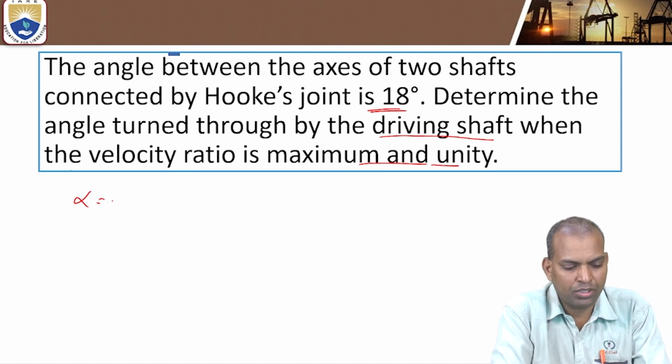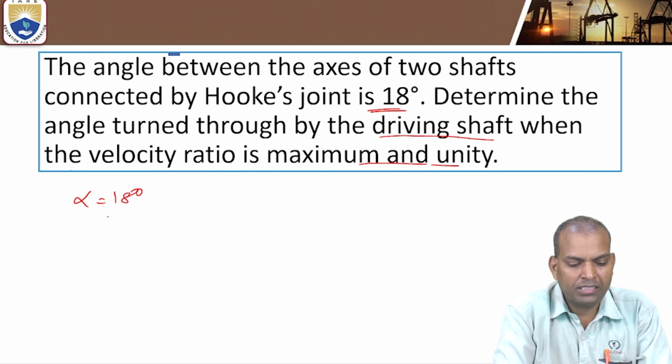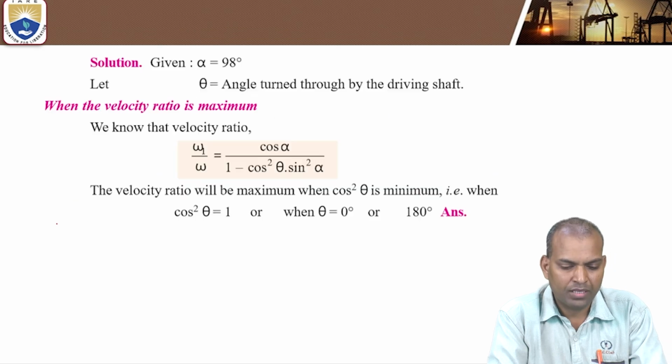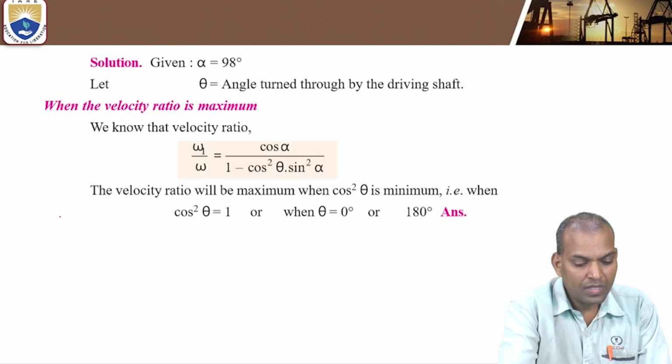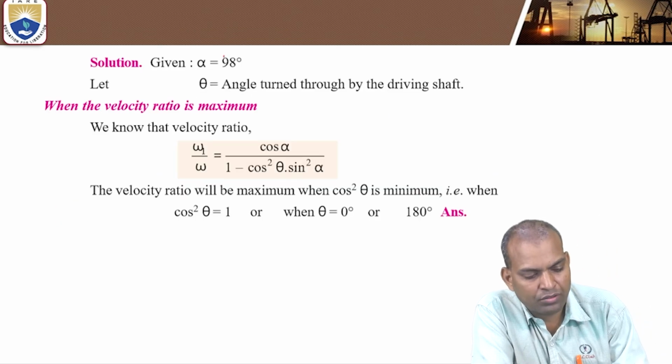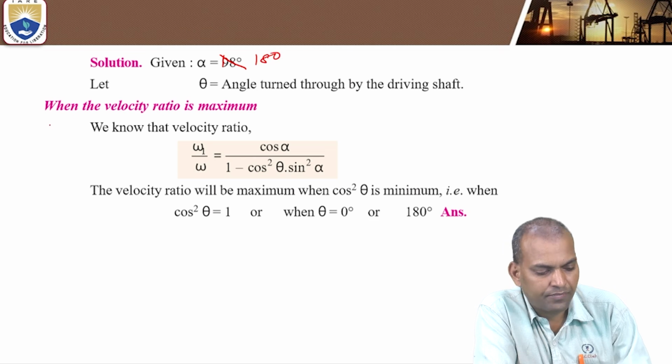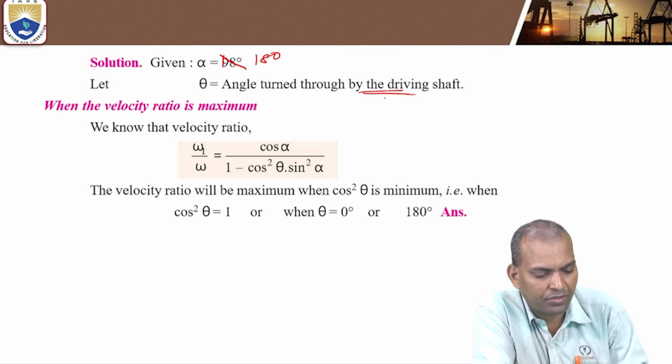That is, alpha equal to 18 degrees. Determine the angle turned through by the driving shaft when the velocity ratio is maximum and unity. So here alpha equal to 18 degrees, and theta equal to the angle turned through by the driving shaft.